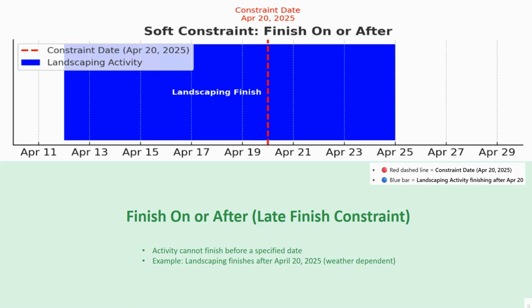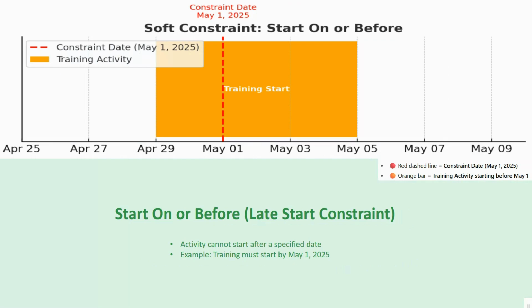Let's say we have landscaping and we know the weather won't be suitable until late spring. We could use this constraint to say landscaping must finish after April 20th, 2025. This prevents the activity from being scheduled too early. I hope this example is clear.